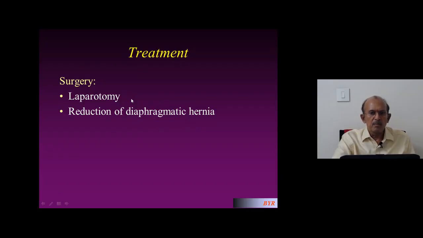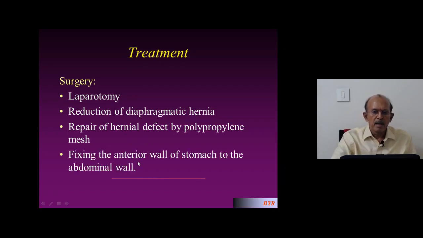So reduce the stomach from the diaphragmatic hernia into the abdominal cavity. Repair the hernial defect with polypropylene mesh. And then fix the anterior wall of the stomach to the anterior abdominal wall so that it won't go into torsion once again.